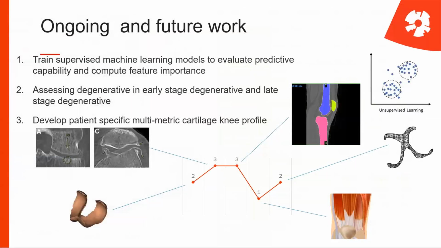So all this information that we have been collecting, we are still collecting, is processed in order to create a multifaceted metric and to give to the next generation treatment a very sensitive and specific evaluation for the cartilage.